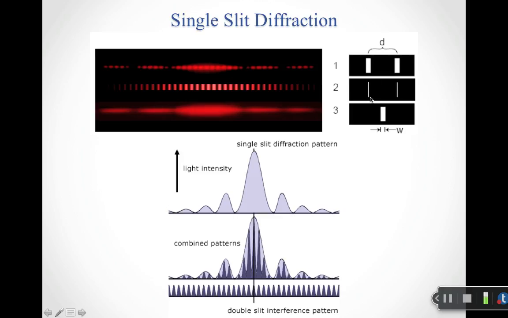But if I keep the same separation and make the slit width very narrow, I've pushed my diffraction pattern out wider. The minima for diffraction now happen way over here with my much narrower slits, so it's not nearly as noticeable, and what I see is mostly the interference pattern. Whereas here, I see the interference pattern on top of the diffraction pattern. So I can play with my parameters, the slit width and the slit separation, to change what's going on with my pattern.